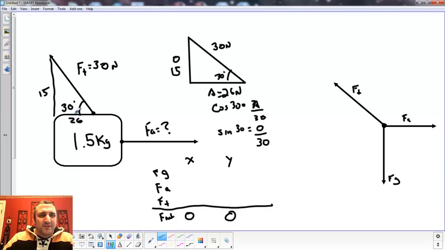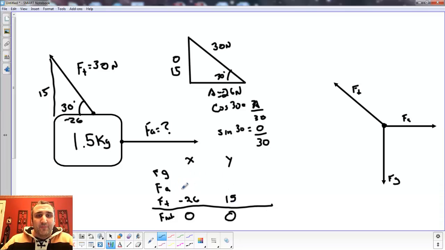So if I've got 26 going this way, which is actually negative 26, my applied force has to be positive 26 going the other way. So from our tension, x is negative 26. Our y is positive 15.